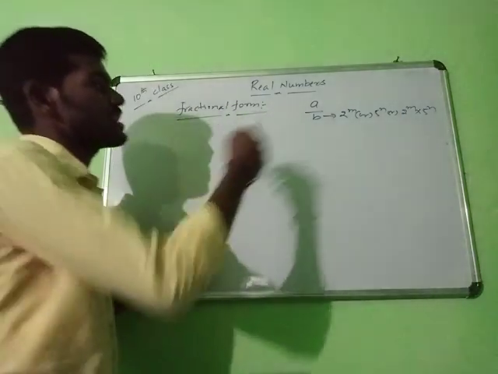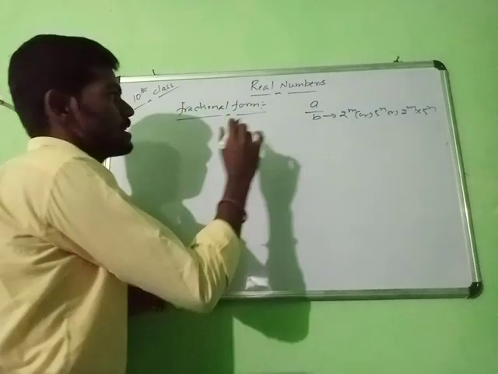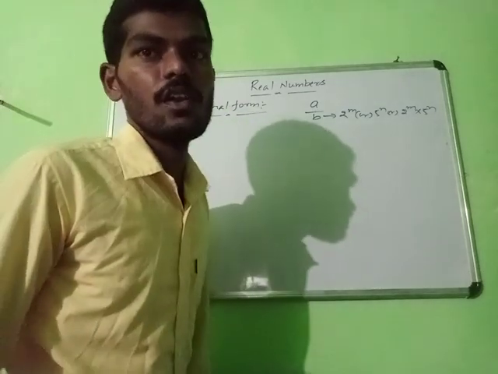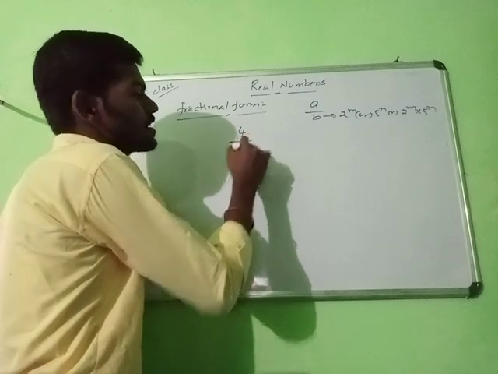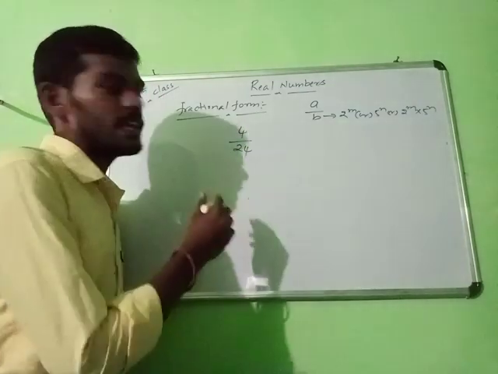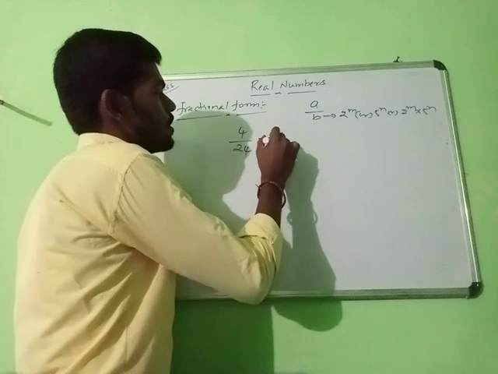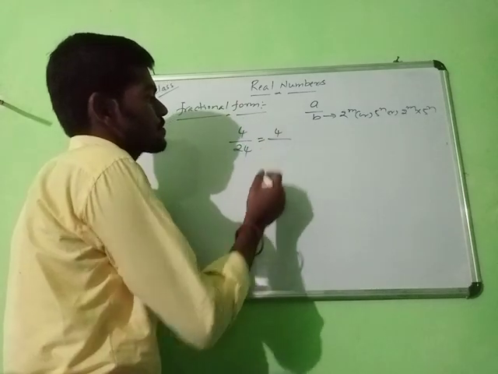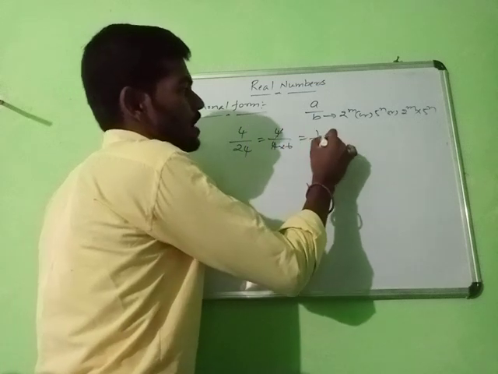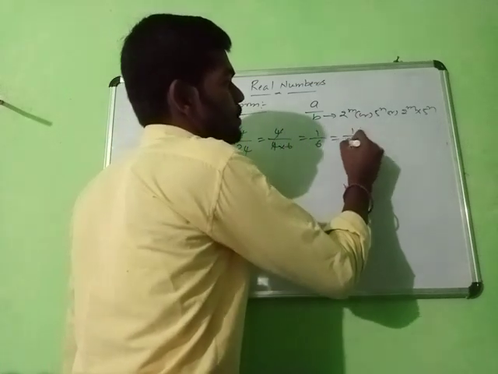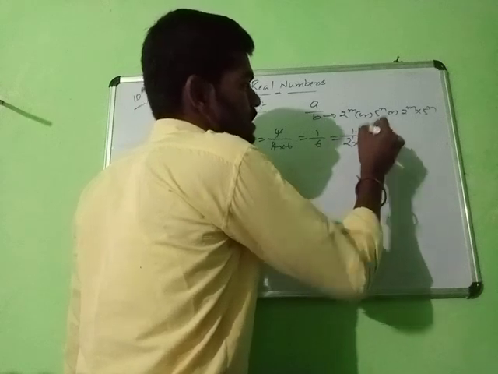Now an example in fractional form. Take 4 by 24. Cancelling, it becomes 1 by 6, which equals 1 by 2 into 3, that is 2 power 1 into 3 power 1.